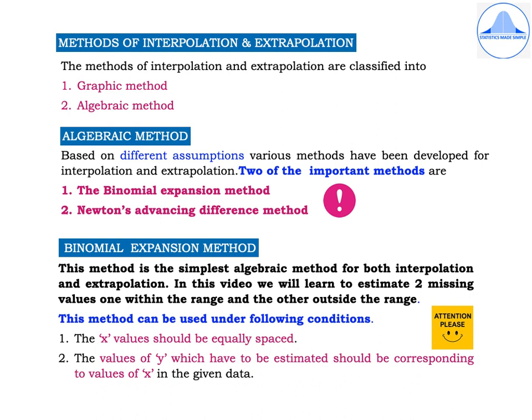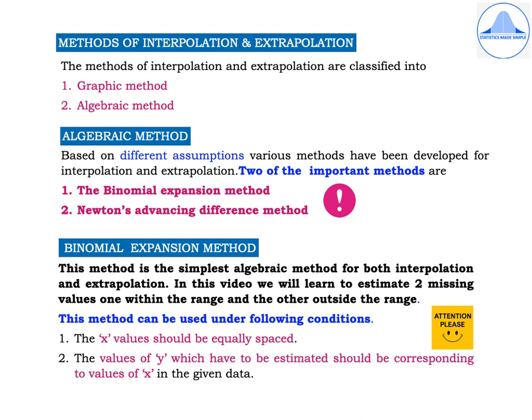We'll start with the binomial expansion method, which we have learnt in the first year PUC syllabus. This method is the simplest algebraic method for both interpolation and extrapolation. In this video, we will learn to estimate two missing values, one within the range and the other outside the range.